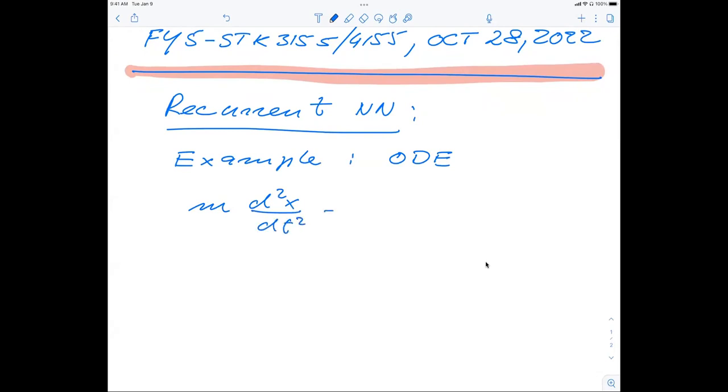You have the acceleration first, then some velocity dependent term, dx dt, and then some position, which depends on time, and then you may have some external force which you're adding here, which depends on time.